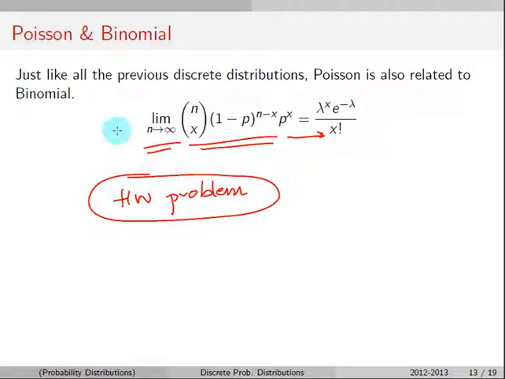It is part of your homework number 1, where you have to prove that as the limit n tends to infinity, a binomial random variable tends to the Poisson distribution, which is lambda raised to x, e raised to negative lambda divided by x factorial. So try this out at home, and that'll be part of your first homework set.